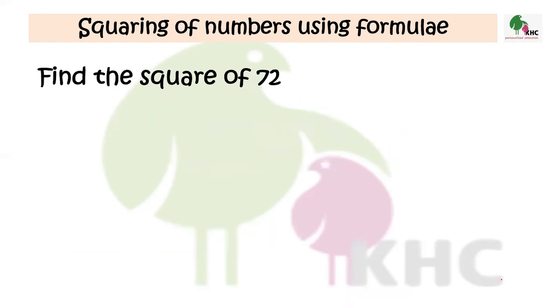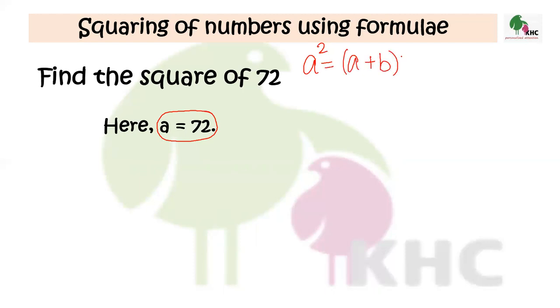We'll understand that. To find the square of 72, first of all, we are going to consider our a as 72. Okay. What was our formula? a square is equal to a plus b into a minus b plus b square. So this was the formula.